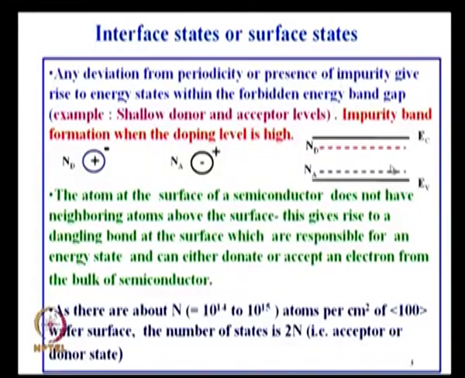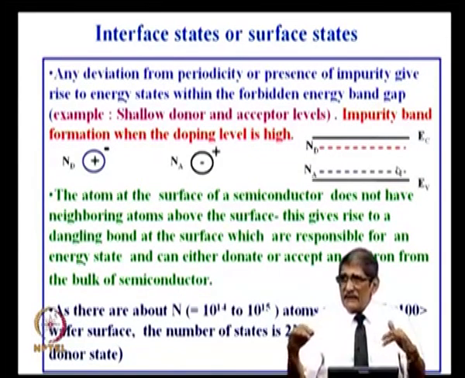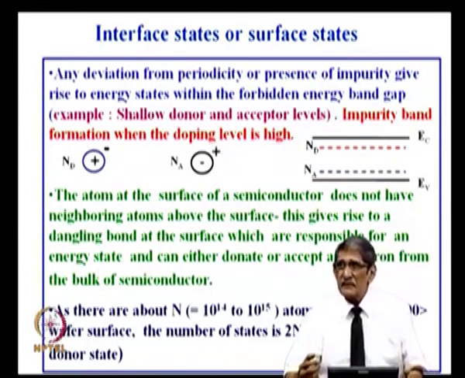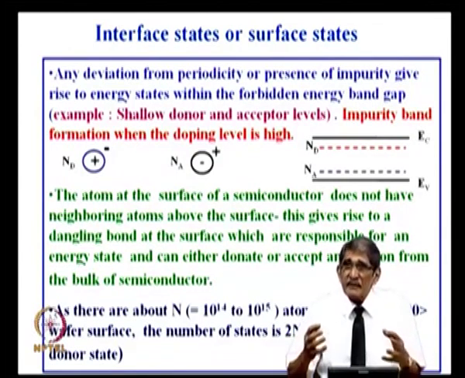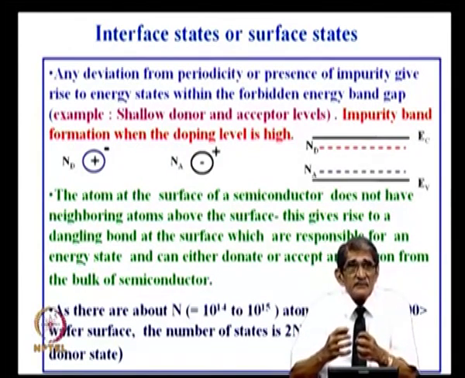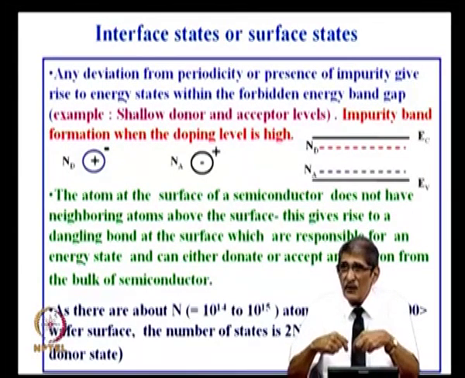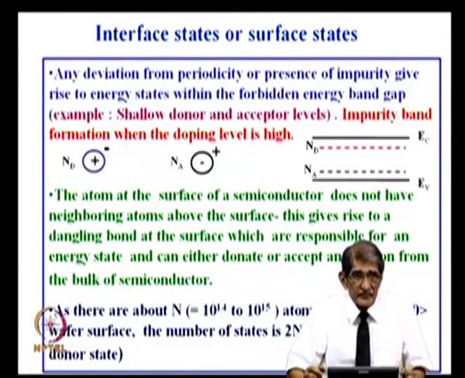Similarly, for the donor level, you put it as a dotted line, saying that the donors are not interacting with each other, they are isolated from each other. Now, if you raise the donor concentration to about 10 to the power 18, 19, 20 and so on, then the number of atoms is very large and the distance between the donor atoms is reduced. There can be interaction between the wave functions of these two atoms.